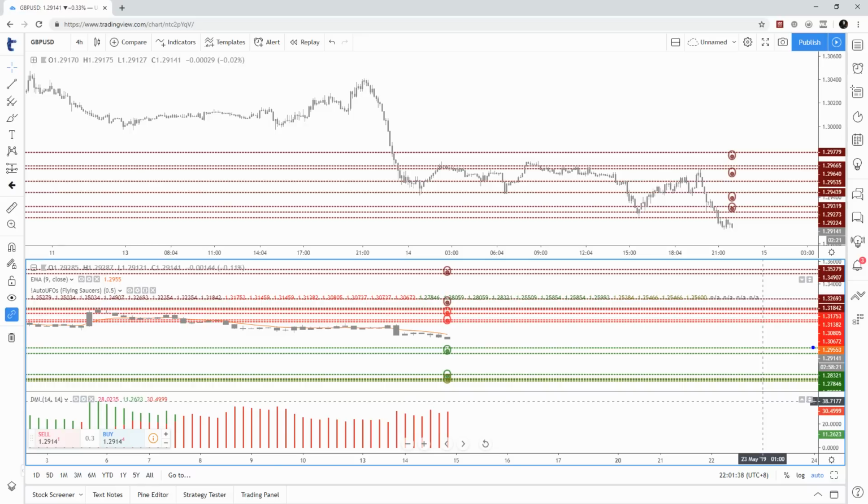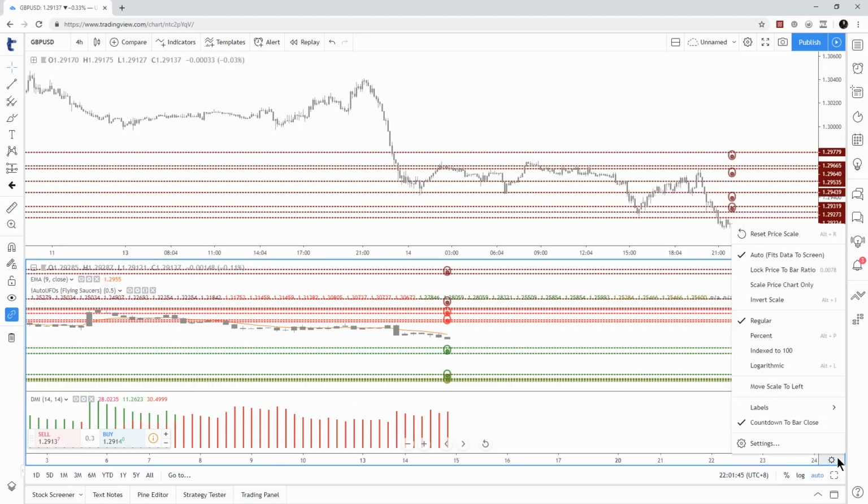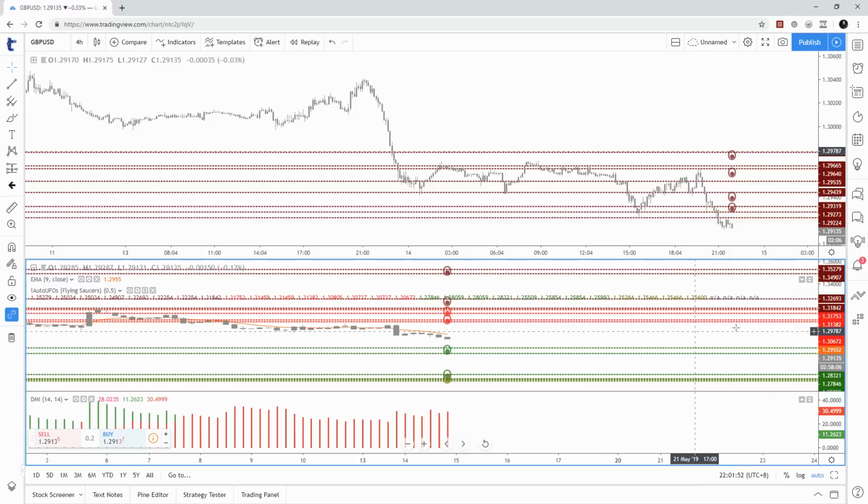TradingView has a feature which is actually quite cool, even though sometimes it could be confusing: I have selected no overlapping labels. That means if the labels are too close to each other, they are put on top of each other, and therefore they may not be aligned with the lines.